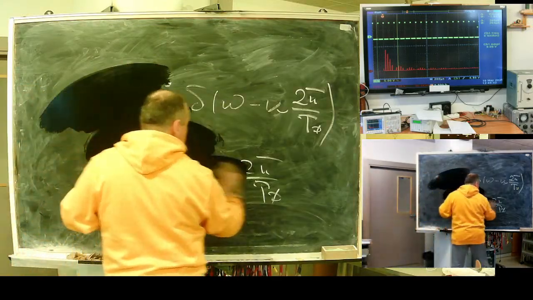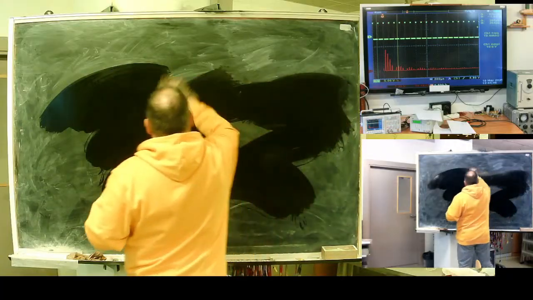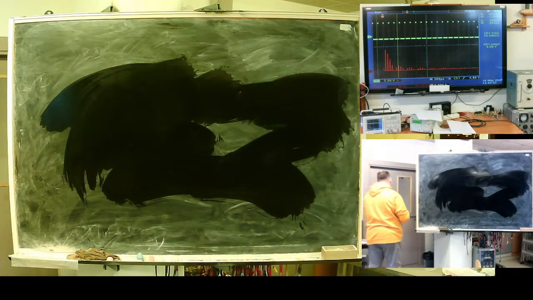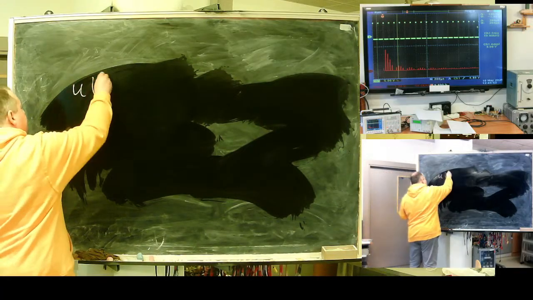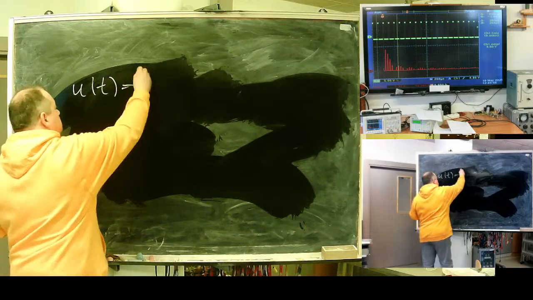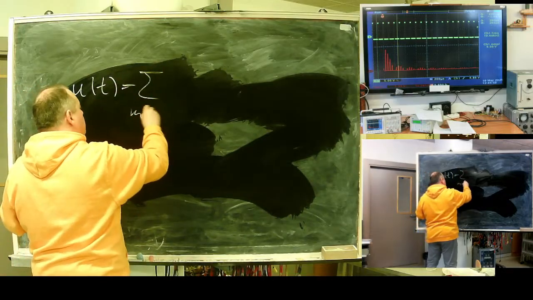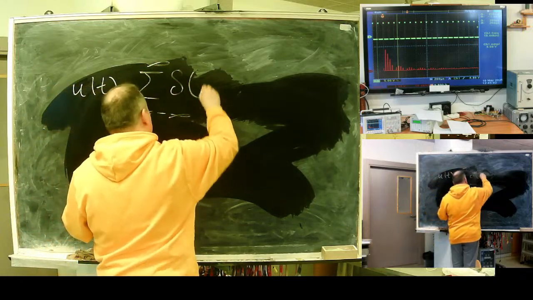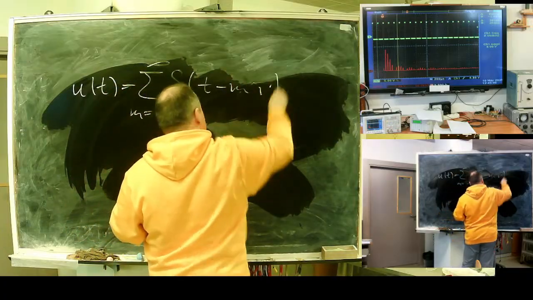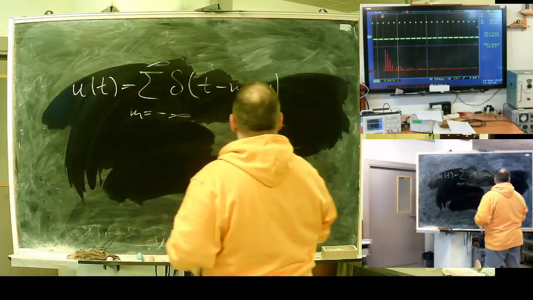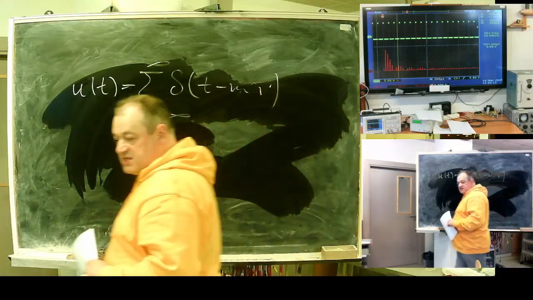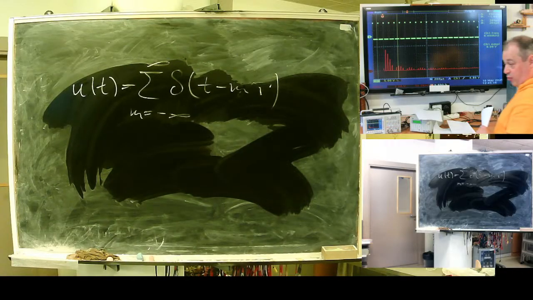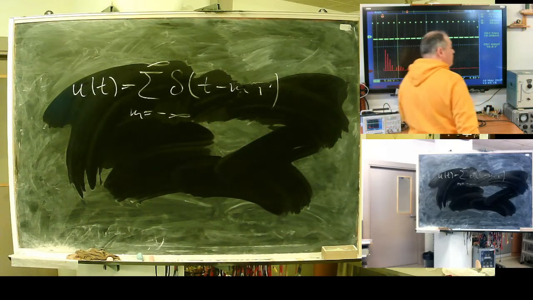Since I can represent my signal as a sequence of delta functions, sum from minus infinity to infinity of delta function t minus m T0, we can substitute our signal with an infinite set of delta functions.